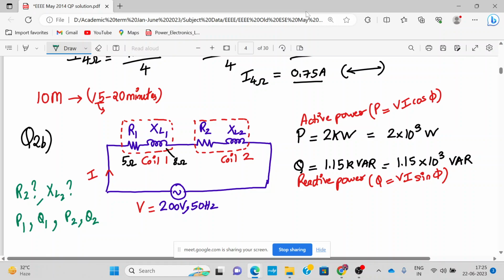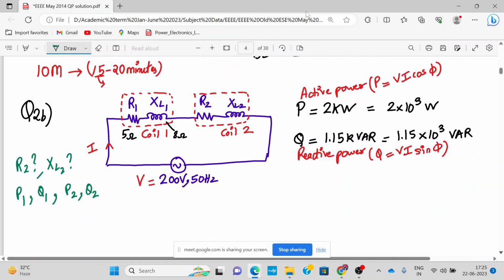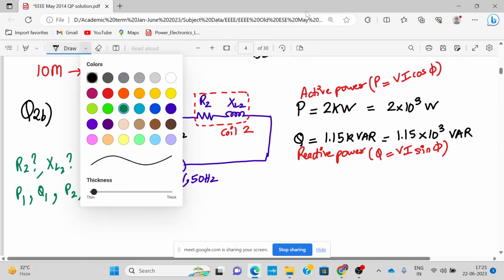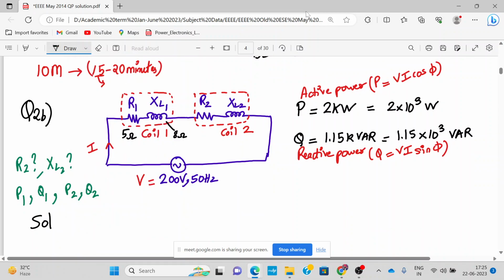Okay, fine. First of all, by Ohm's law, let us start. See, what do we know by Ohm's law? V is equal to, in an AC circuit, I into Z. If I write in vector form, it is like this.